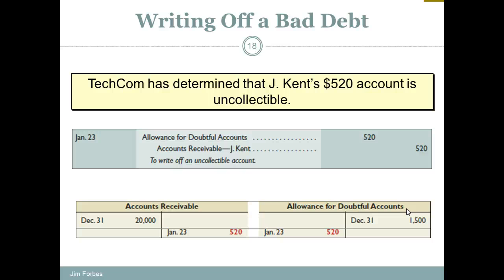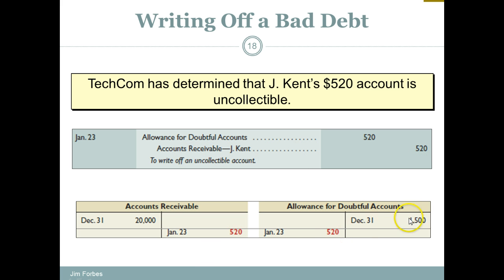Later on, you do write off that $500, whereby you're taking it off the accounts receivable. Now you're reducing that allowance for doubtful accounts. So you're not writing it off to bad debt expense, because you did that in an earlier period. You're actually reducing the allowance for doubtful accounts, and you're also noting that on that specific individual's account.